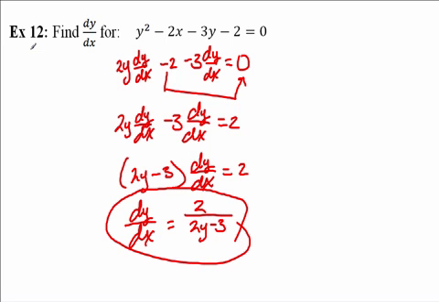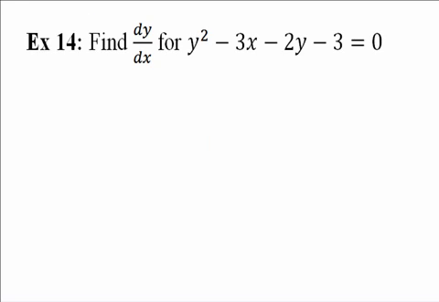Okay? Let's look at another. Very similar question. So give it a try. Pause it. Work it out. Great. Now let's try it out again. Very similar. You should get a very similar result. Maybe not quite. So the derivative of y squared is 2y dy/dx. Minus 3 minus 2 dy/dx. Remember, we took the derivative of y to get this.